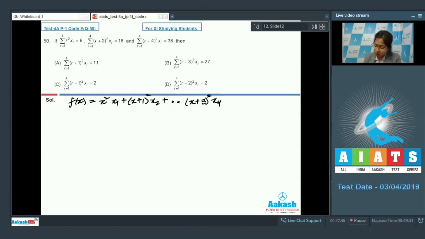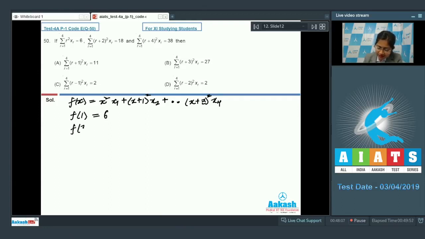Let us assume f(x) equal to this. So what we are given from the first condition, if I put x equal to 1, it will be f of 1 equal to 1 square into x1 plus 2 square into x2 and so on, that is given to us. So we can say that f of 1 is equal to 6.